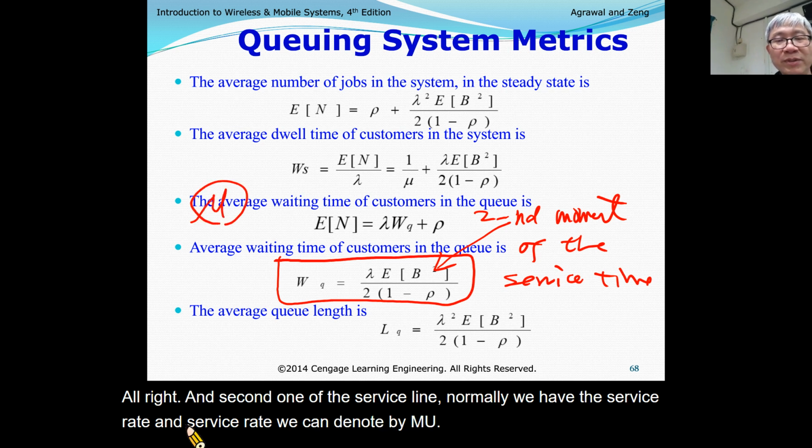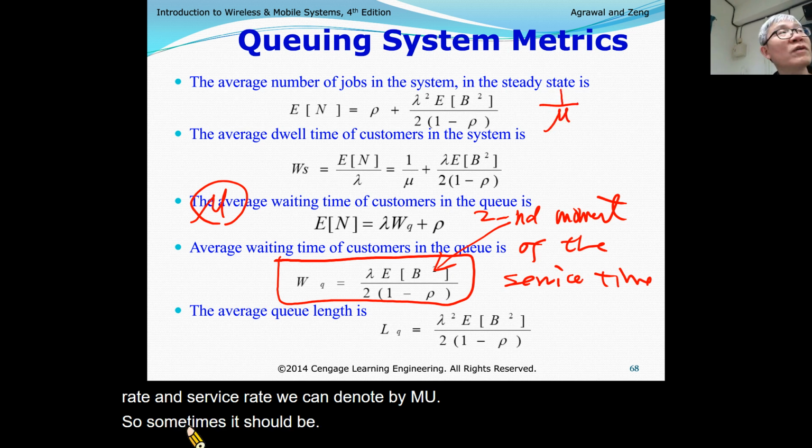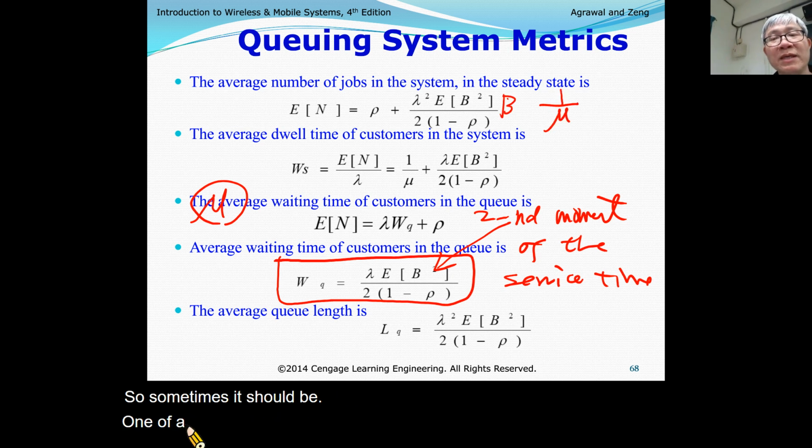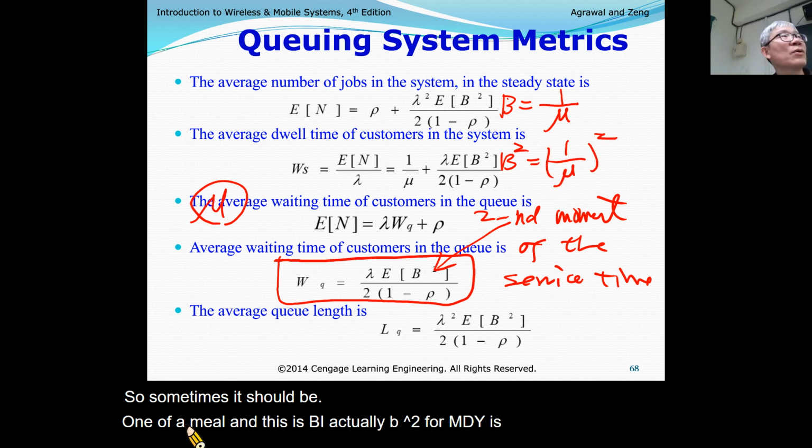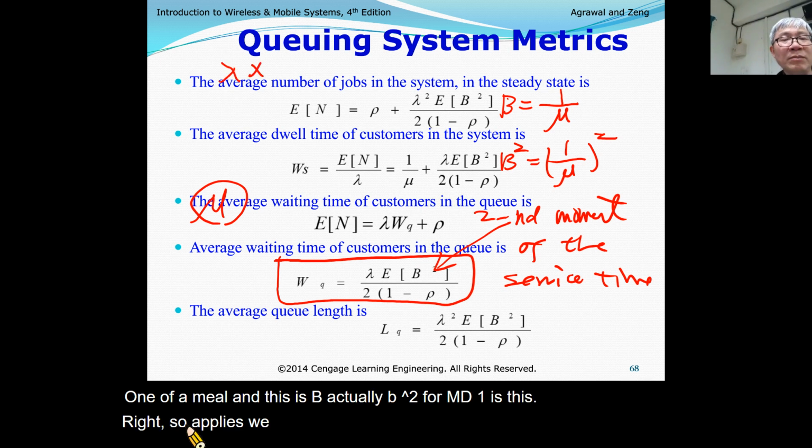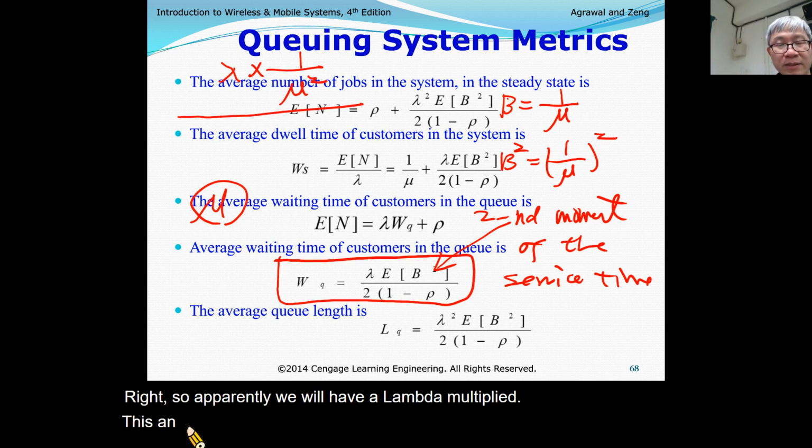So service time should be 1 over mu. And this is B. And actually, B squared for M/D/1 is this. So applying this, we will have lambda multiplied by this, and over.